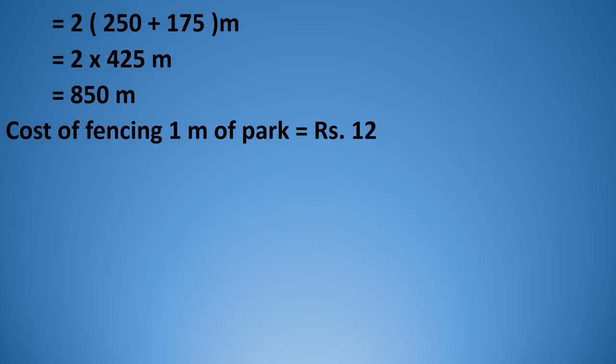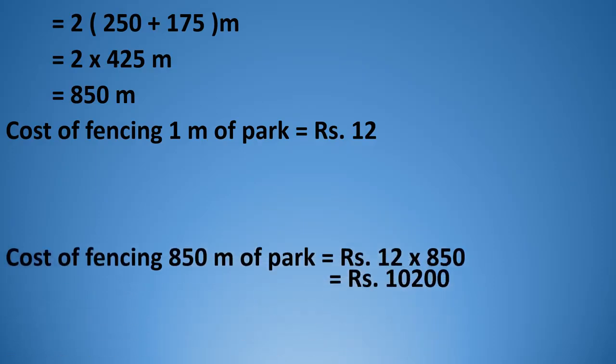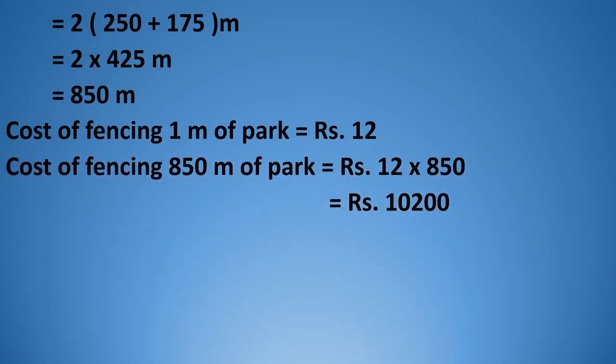So cost of fencing 1 meter of park equal to rupees 12, and cost of fencing 850 meter of park equal to rupees 12 multiplied by 850, which is equal to 10,200.